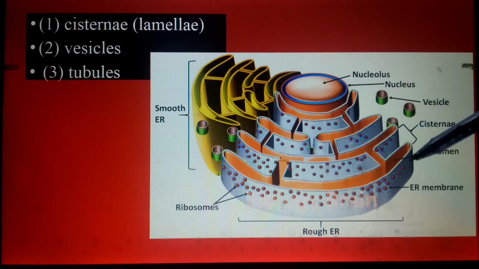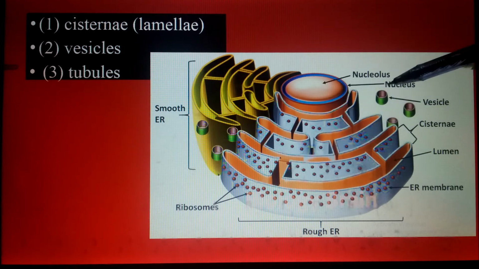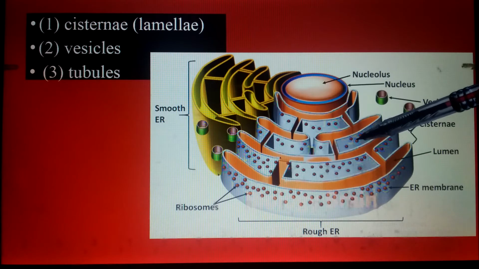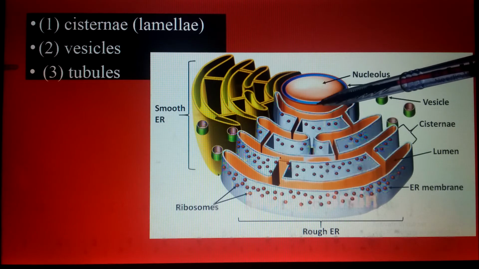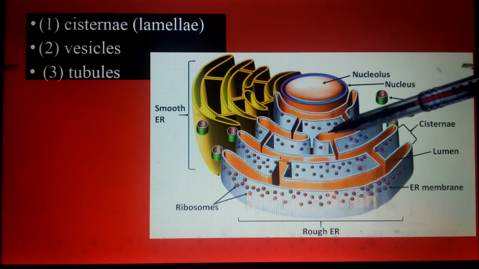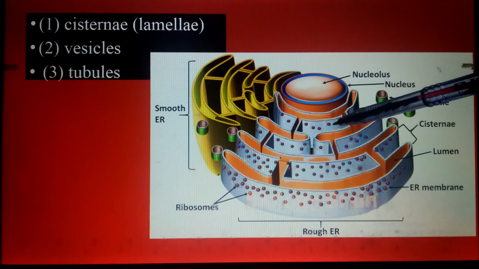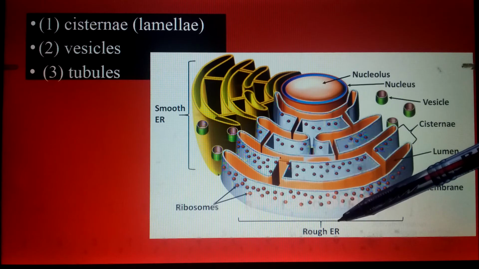These membrane bounded channels or canals which are parallel to each other are known as cisternae. And you can see the endoplasmic reticulum starts from the nuclear membrane and goes up to the cell membrane. So it makes the connection. It moves the substance from the nucleus to the what?